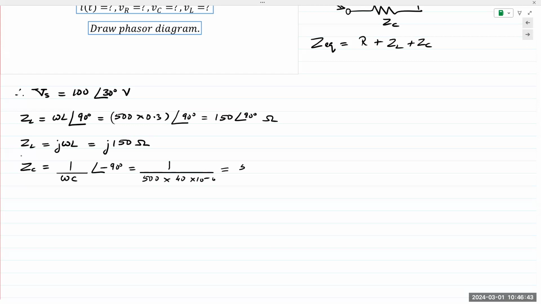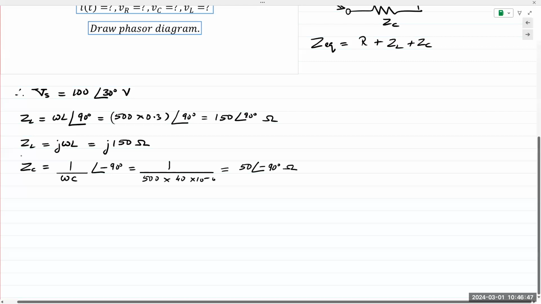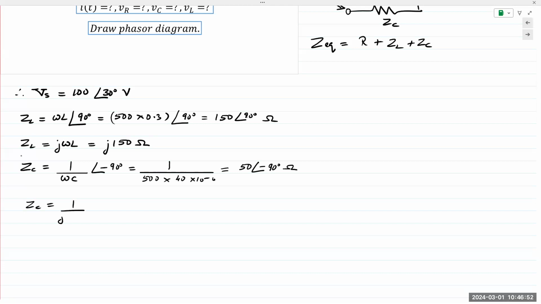That gives me 50 with the angle of minus 90 ohms. I can also write ZC as 1 over j omega C, so it's minus j 50 ohms.